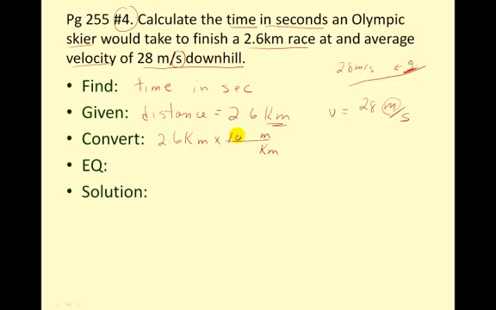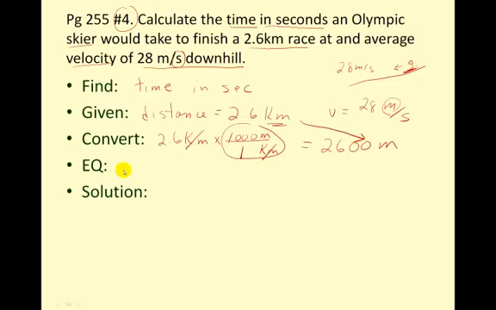There are 1,000 meters for every 1 kilometer. This value here is a ratio of 1, a conversion factor. Now we can cancel the kilometers, and it equals 2600 meters. So we've just changed the distance from kilometers into meters.